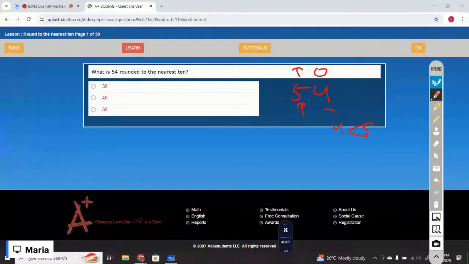That means we need to round down to the same 10, so it would be 50. The correct option is 50.